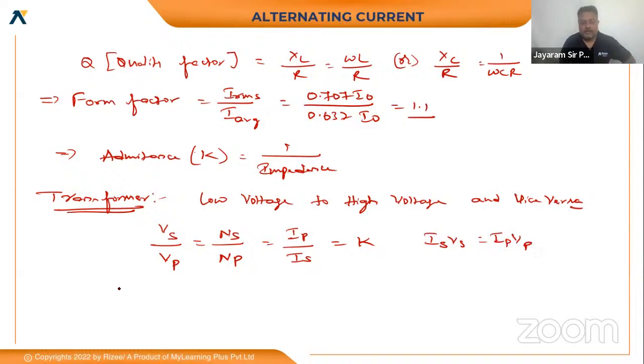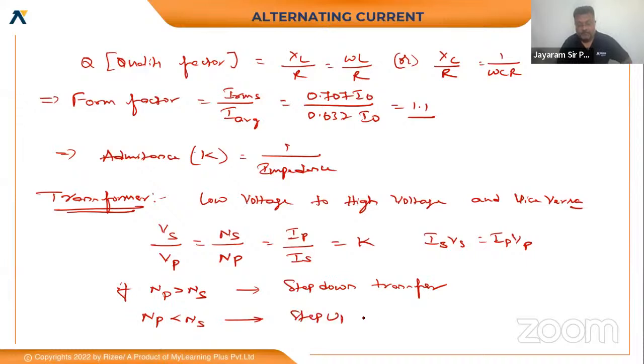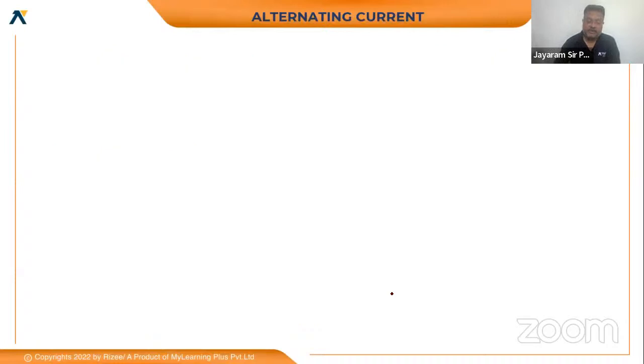If the number of turns in the primary is greater than the number of turns in the secondary, then it is called a step down transformer. If Np is less than Ns, then it is a step up transformer. Step up and step down transformers are widely used in different conditions.